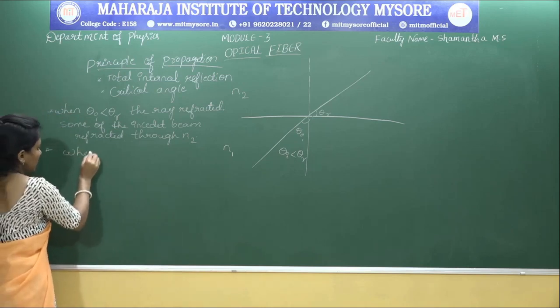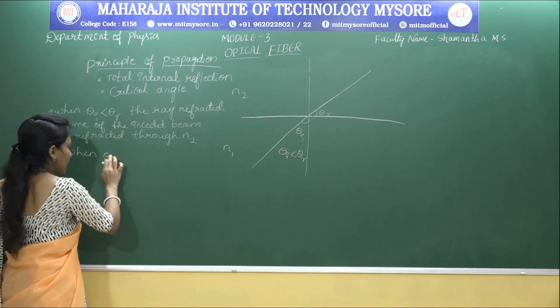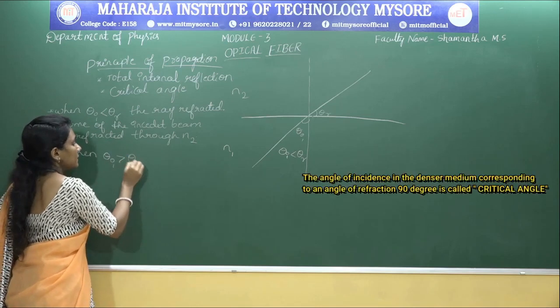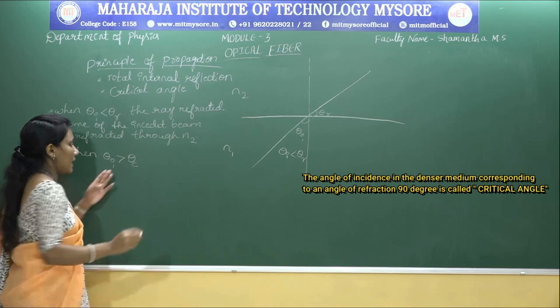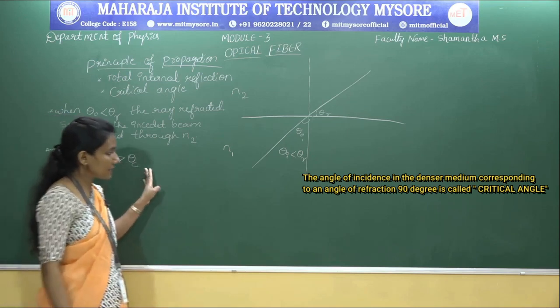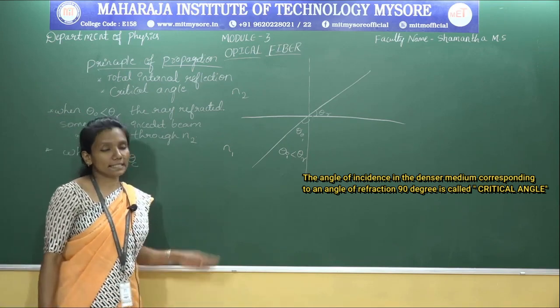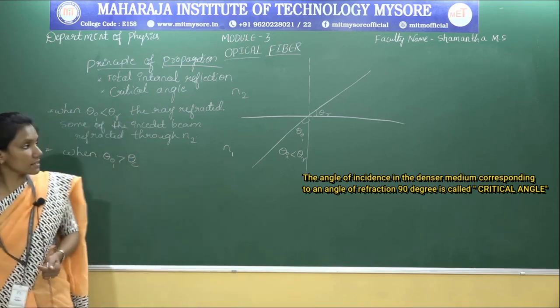Then when theta i, the angle of incidence, is greater than the critical angle, then total internal reflection will take place.